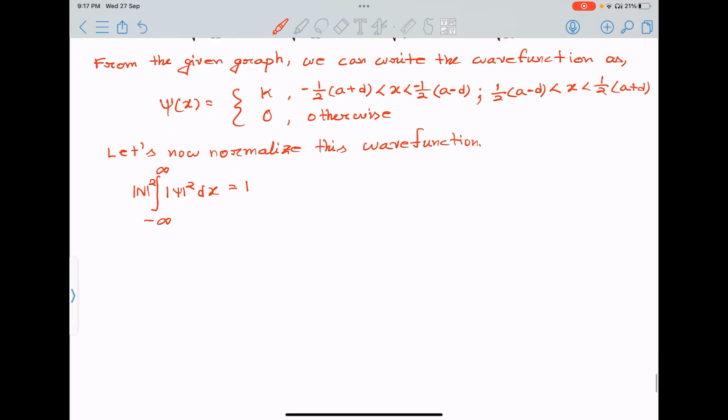So I can write it down. This will give me mod n square. Now psi is given as k, so it will be k square.